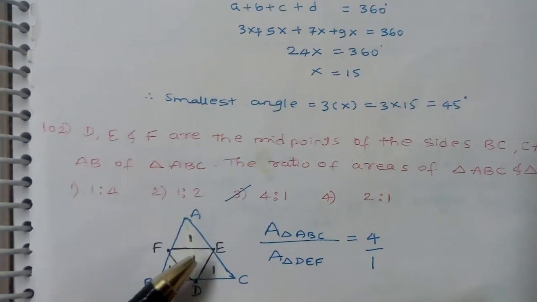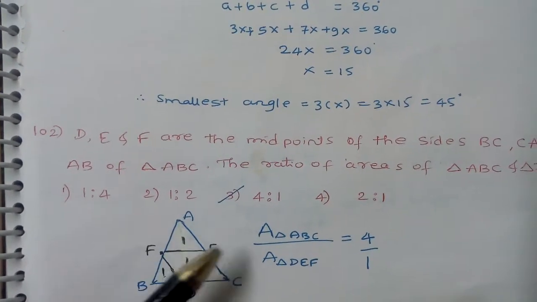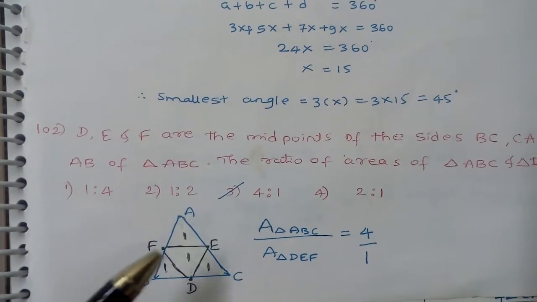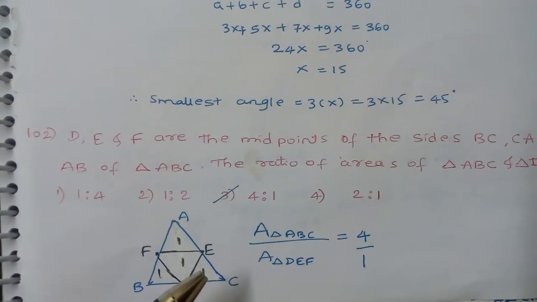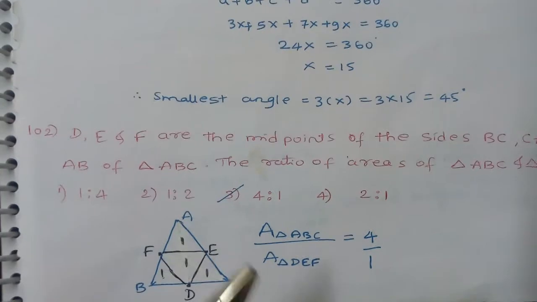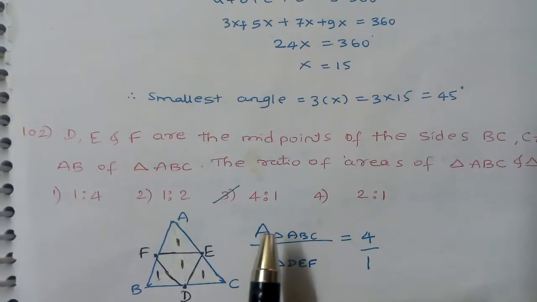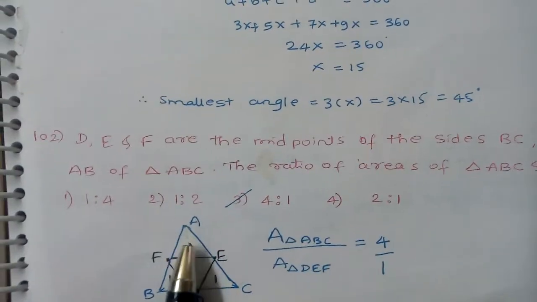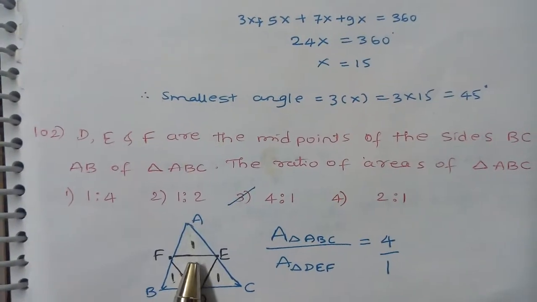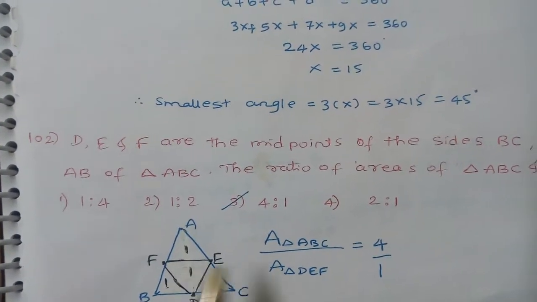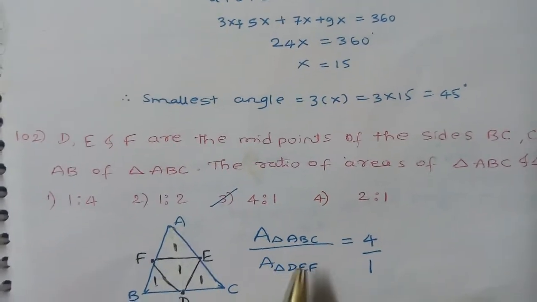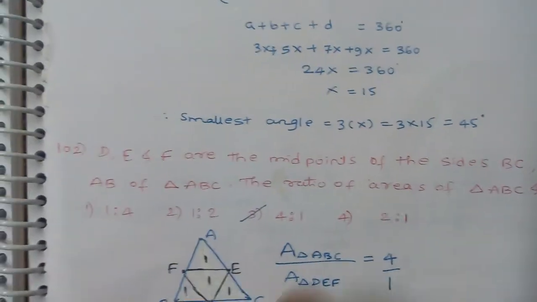FED is 1 unit, similarly AFE, FDB and EDC are all 1 unit triangles. So triangle DEF is 1 unit, and triangle ABC is 4 because it has 4 small triangles, each of 1 unit. So the ratio is 4:1.